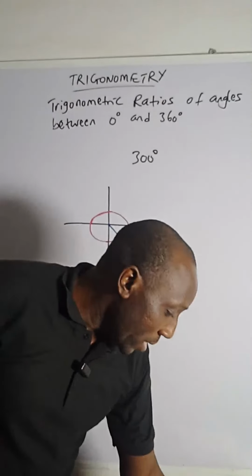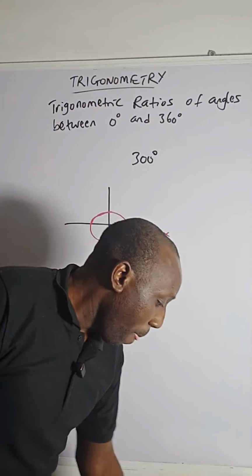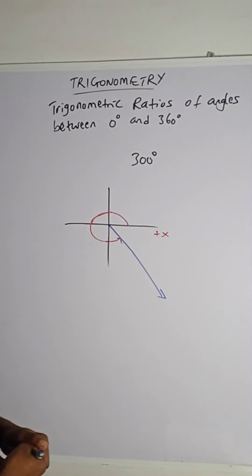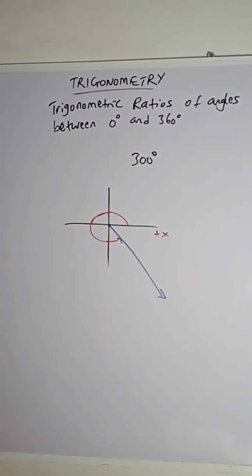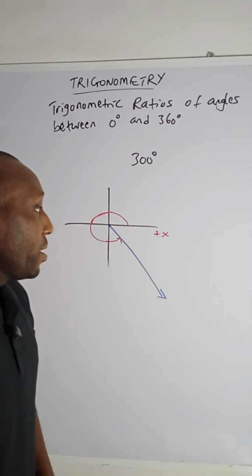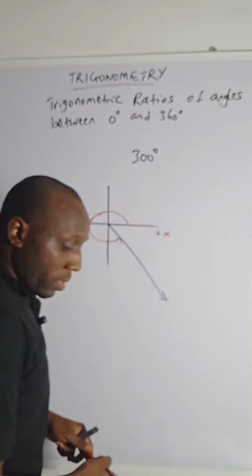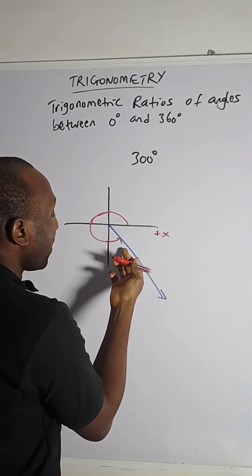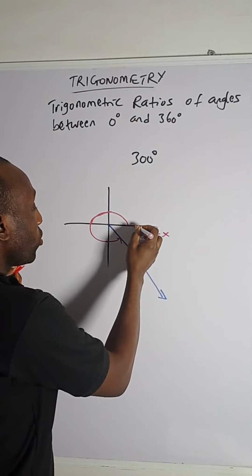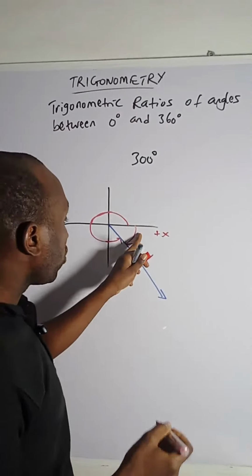Who can tell me, even without me solving this, what's going to be the reference angle? See, like I told you, the reference angle is the angle between the x-axis and the terminal side. So this is going to be it, right? This one here. And how do we get this?